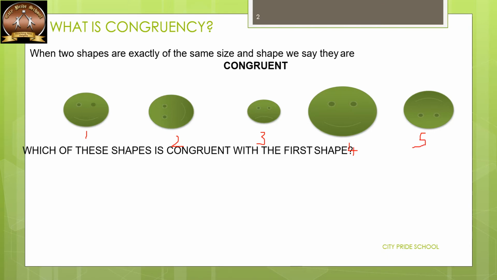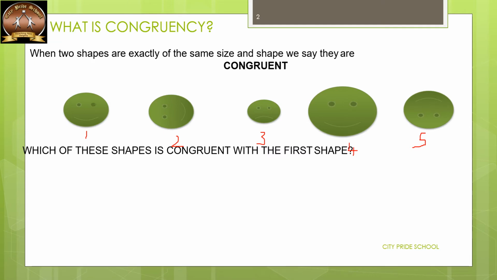Now I have to search for shapes which are congruent to the first shape. Let us see. Now figure 2 is similar in shape and size as figure 1, but the direction is changed. Figure 3 is smaller compared to figure 1. Figure 4 is larger compared to figure 1. And again figure 5 is of the same size and shape as figure 1.